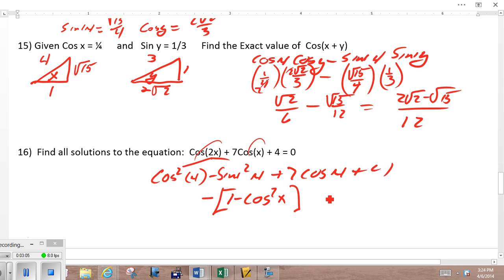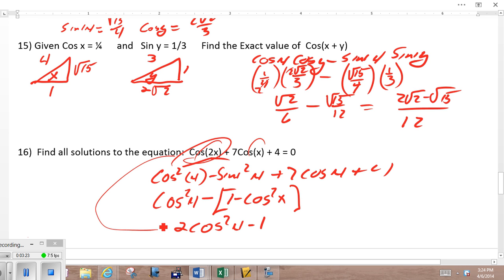So cosine squared minus 1 minus cosine squared, so that's 2 cosine squared minus 1. Of course, if we recalled the double angle for cosine, we could have come directly to that.